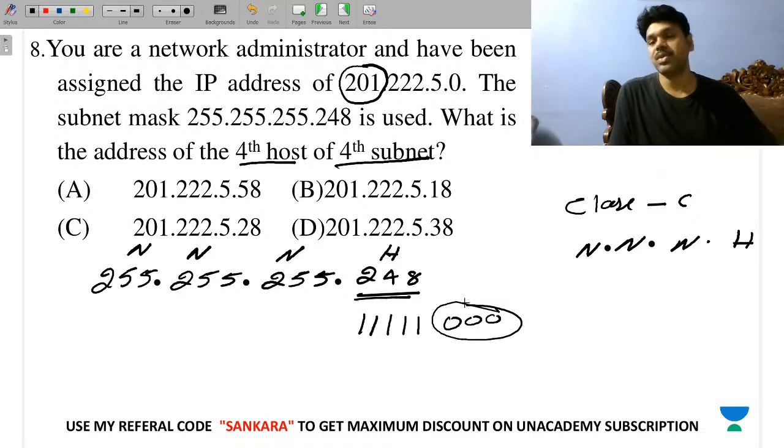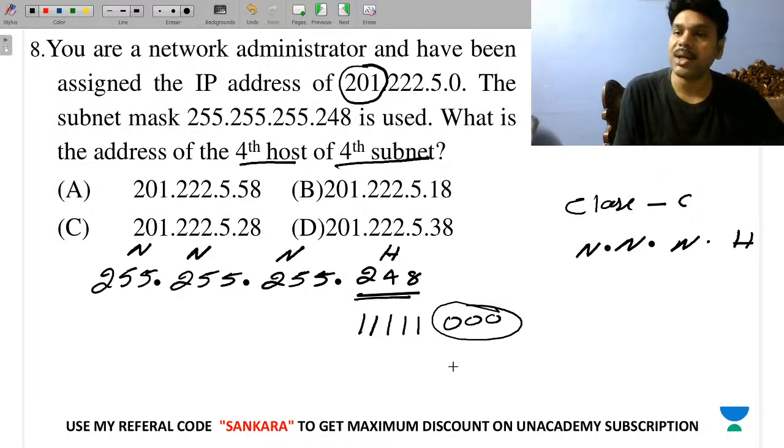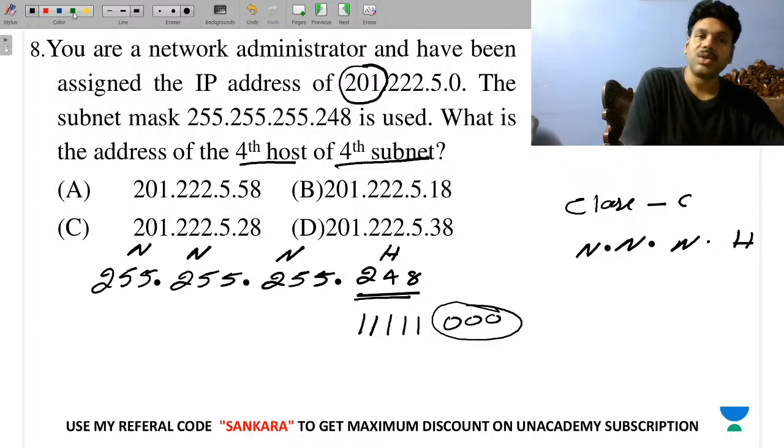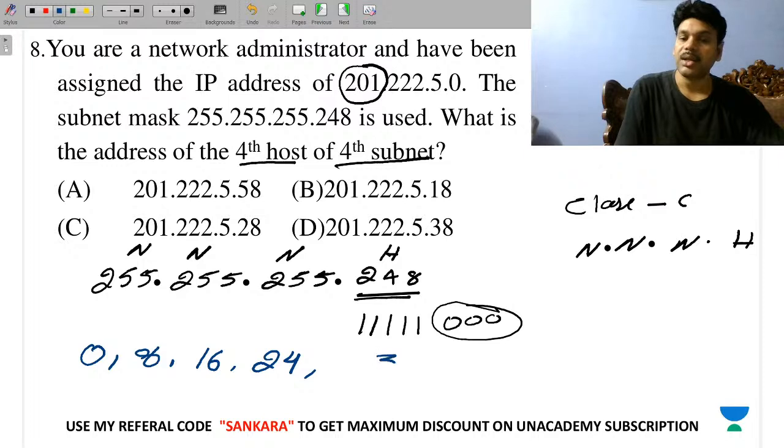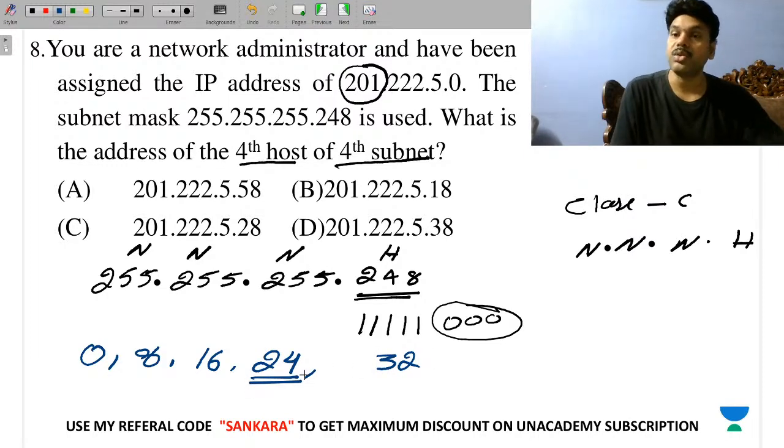So again it is looking at 8 host ID partition sizes. Your partition sizes are 0, then 8, then 16, then 24 and 32. He is asking the fourth octet, fourth host I need. 8 hosts can be present in each subnet.